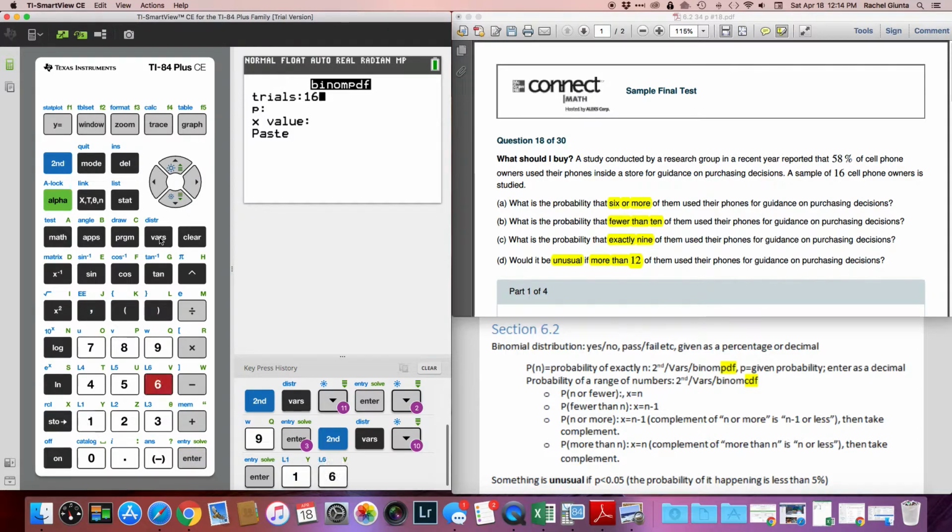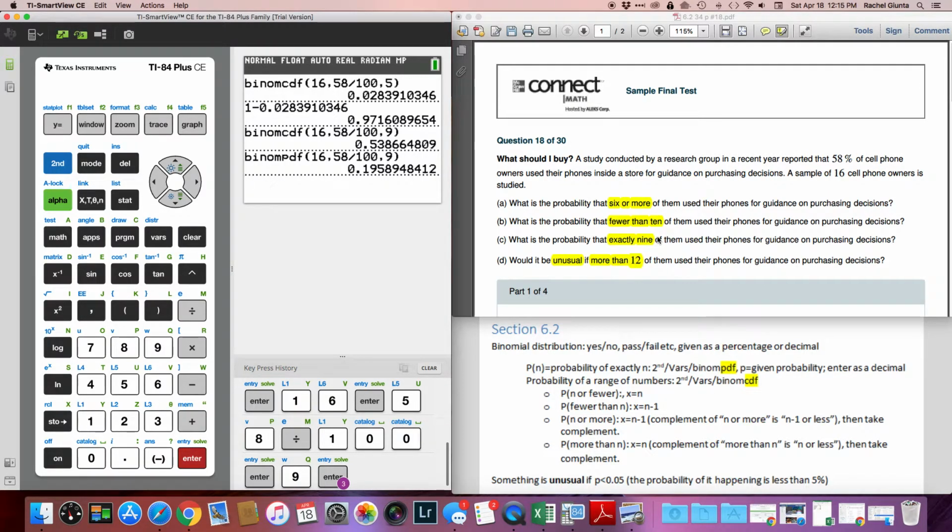And the trials are still 16, and the p-value is still 58 divided by 100. And the X value is the exact number that it gives you, which is 9. And the other good thing with the exactly 9 is you never have to do the second step, so it always gives you your answer directly. So 0.1959 in this case.